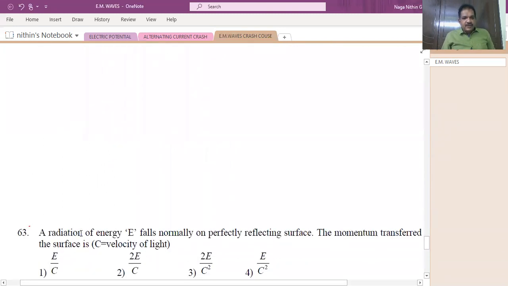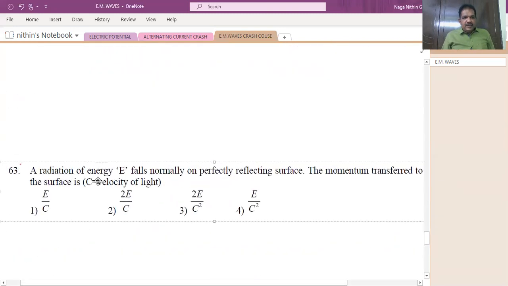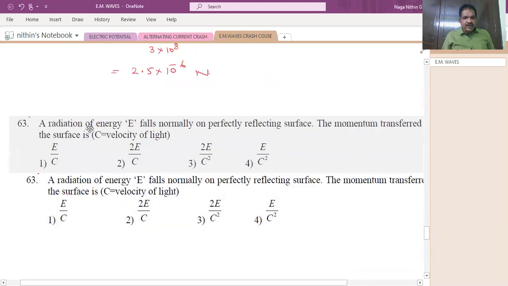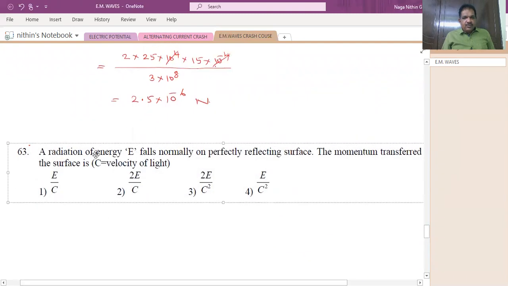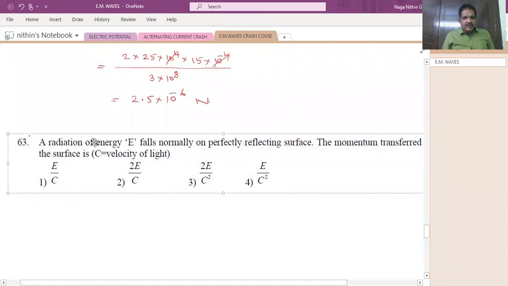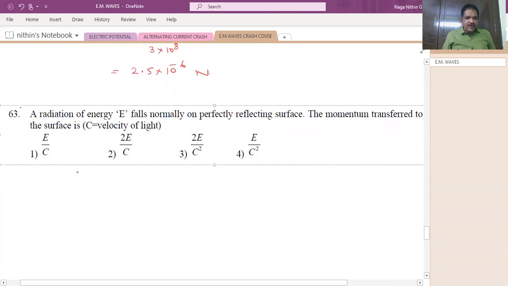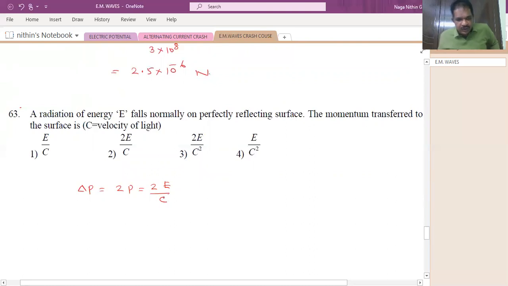See the next question. Radiation energy E falls normally on a perfectly reflecting surface. The momentum transferred to the surface is how much? Perfectly reflecting surface, so delta P is the change in the momentum, which will be equal to 2P, where P is equal to E by C. So this will be 2E by C. This is the answer.